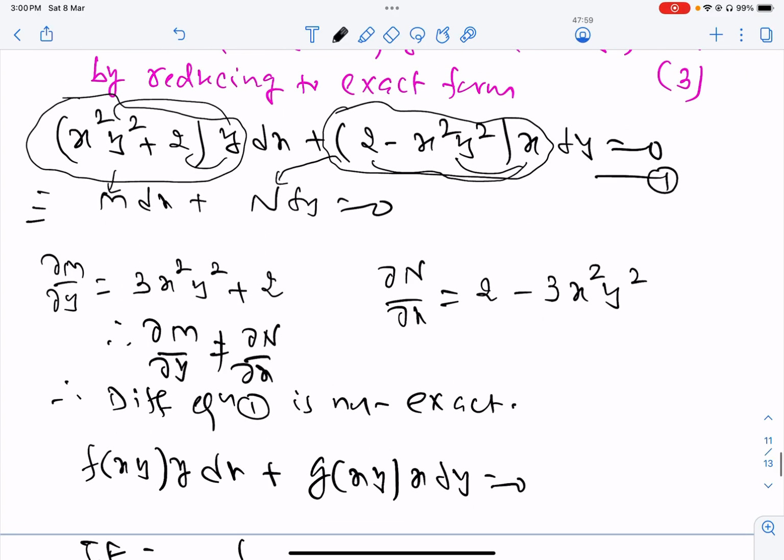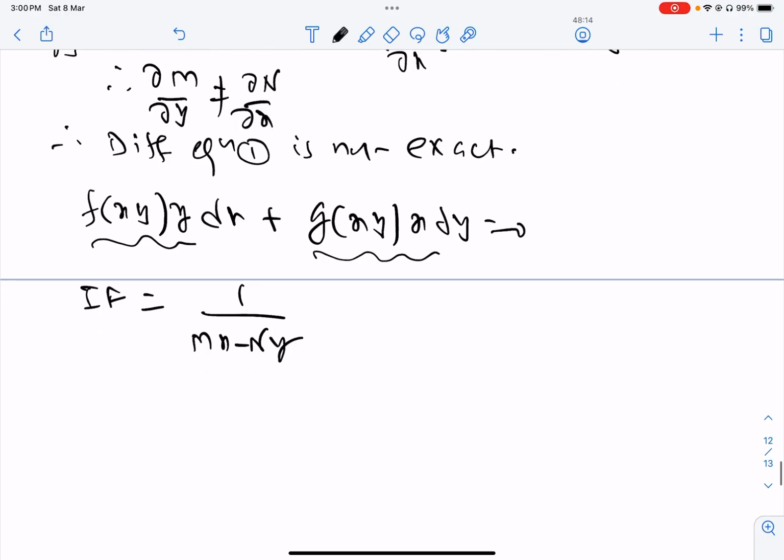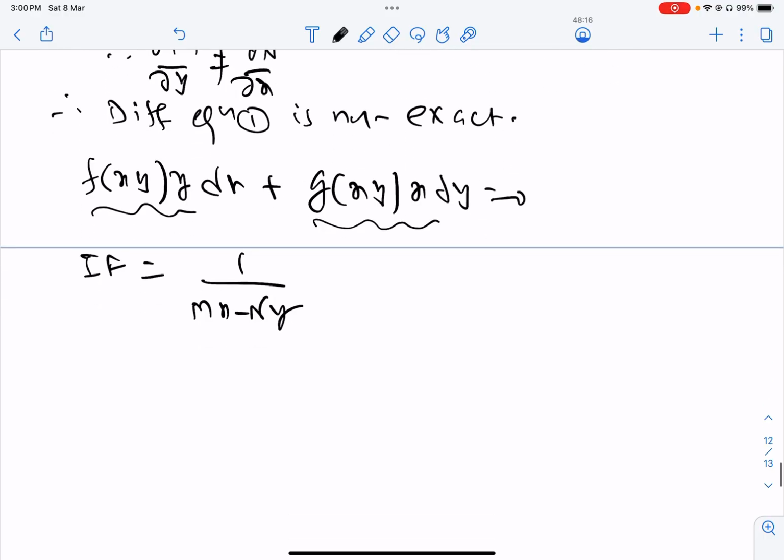And here you can see that the given differential equation is of this form, f of xy into y dx plus g of xy into x dy equal to 0. So the integrating factor is 1 upon mx minus ny.